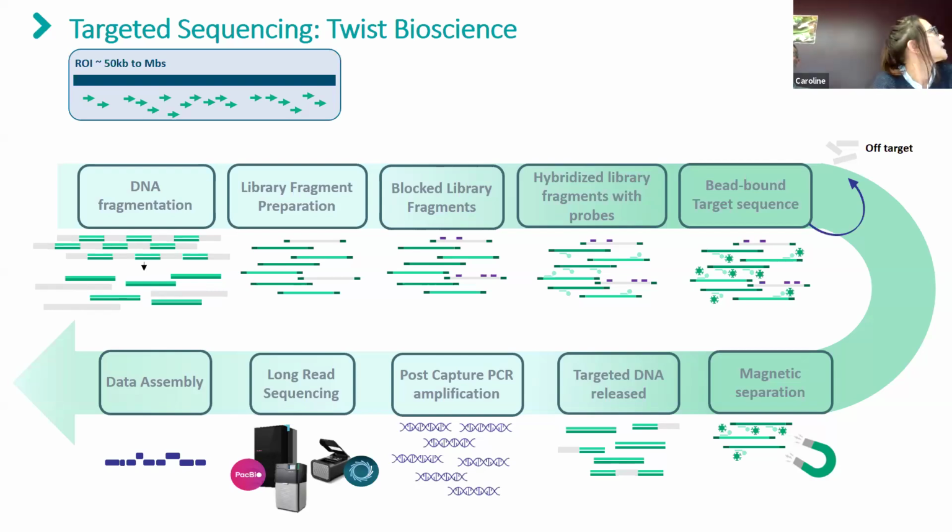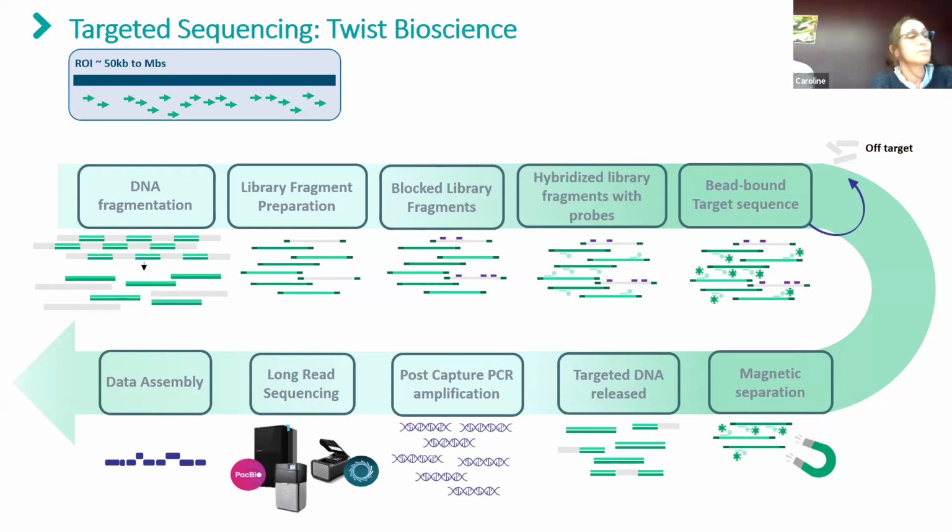So first, the process begins with a fragmentation of high molecular weight DNA, aiming for an average fragment size of 8 to 10 kb. This size is optimal for amplification steps later in the workflow. It is followed by fragment preparation and a blocking step, which helps to prevent non-specific binding during hybridization.